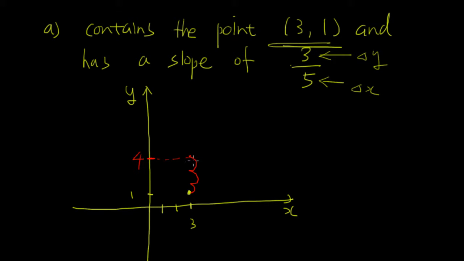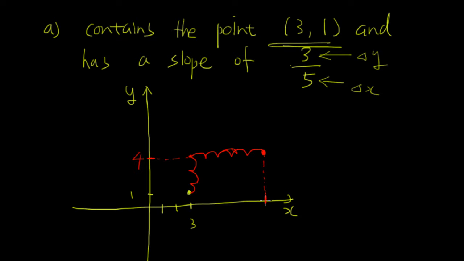Now from that point, let's apply the x change. That's a plus 5, so we go to the right, of course: 1, 2, 3, 4, 5. We end up at this point.